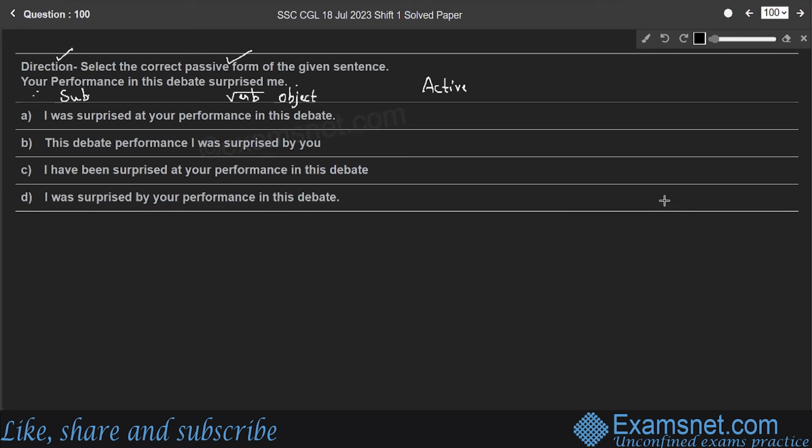So in the conversion of active to passive, we need to follow some rules. The object of the active voice becomes the subject of the passive voice. We need to interchange subject and object.